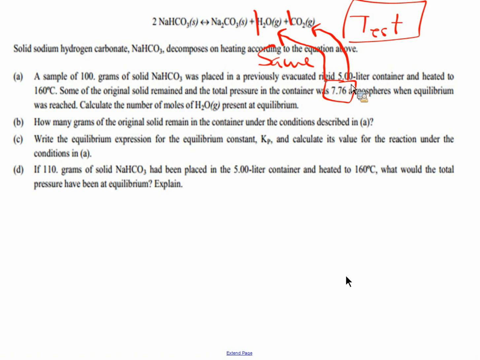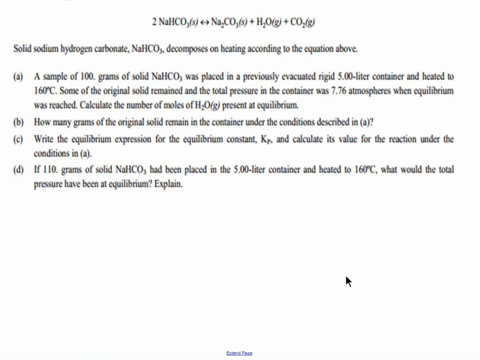Are you okay with that? So half of 7.76 is water. Just on that hint, you can do the rest, I'm pretty sure. Nobody last hour got D right, but we kind of ran out of time anyway. So give that a shot. I'll tell you right now that the molar mass of sodium hydrogen carbonate is 84 grams per mole, just to save you 30 seconds.